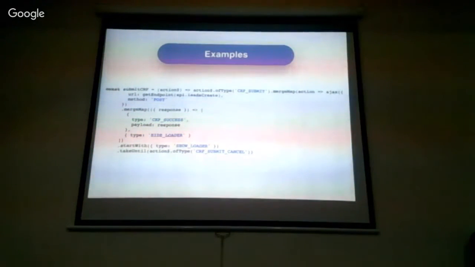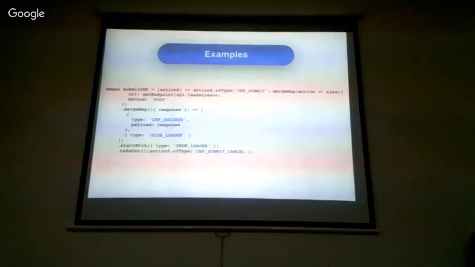So what merge map is doing here is flattening out my higher order observable, and where that higher order observable comes from is this Ajax call here. This Ajax is imported from RxJS itself, and what this Ajax call is doing is creating an observable that just describes my XHR call. It's not actually making the XHR call right now.